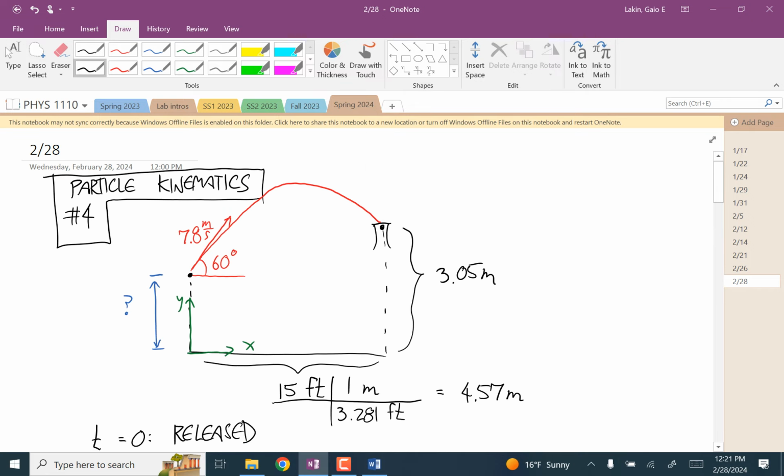And here's the meaning of that displacement vector. The ball's shot from here. The highest point is here. And so the displacement vector is the vector that goes from where it's released to that highest point. You can see it makes sense.